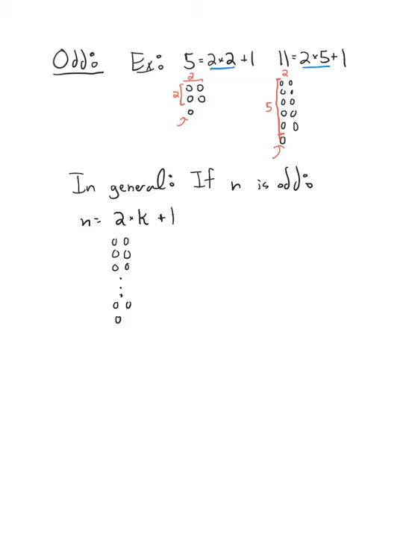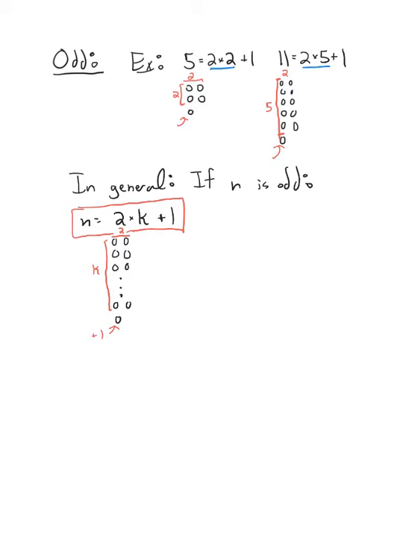Let's say we have this 2 by k rectangle. We have k rows of 2 dots each. But we have this extra 1 left over. So, in general, every odd number can be written as 2 times some number plus 1.